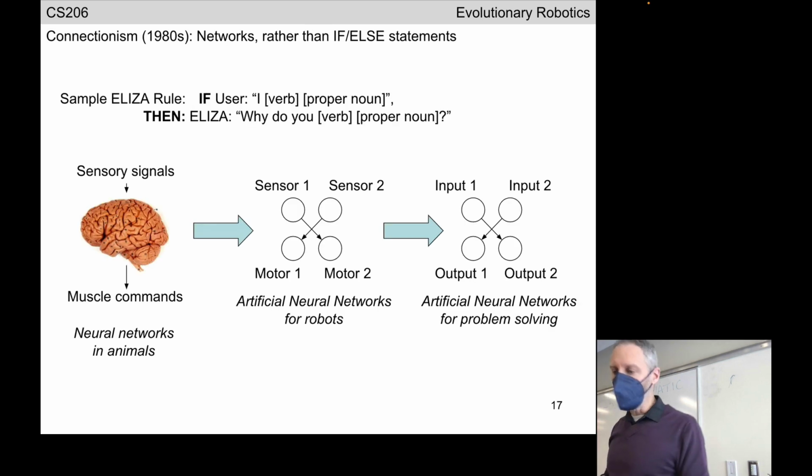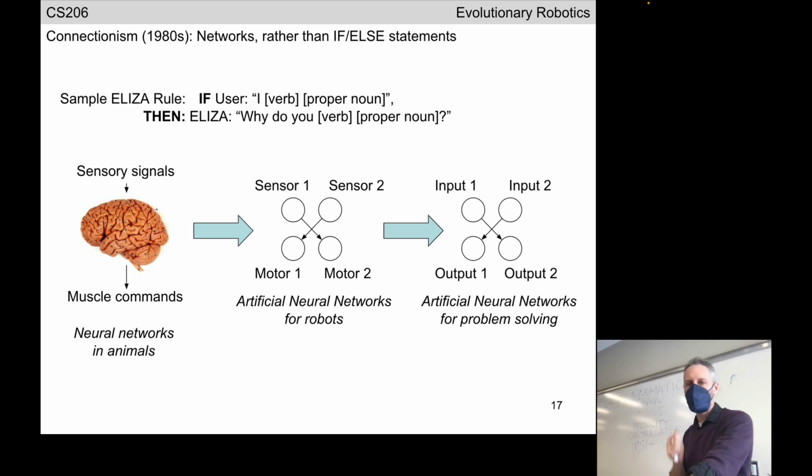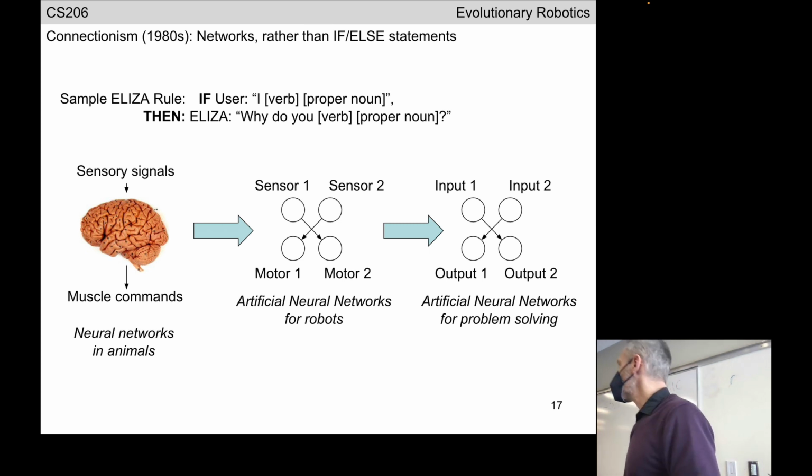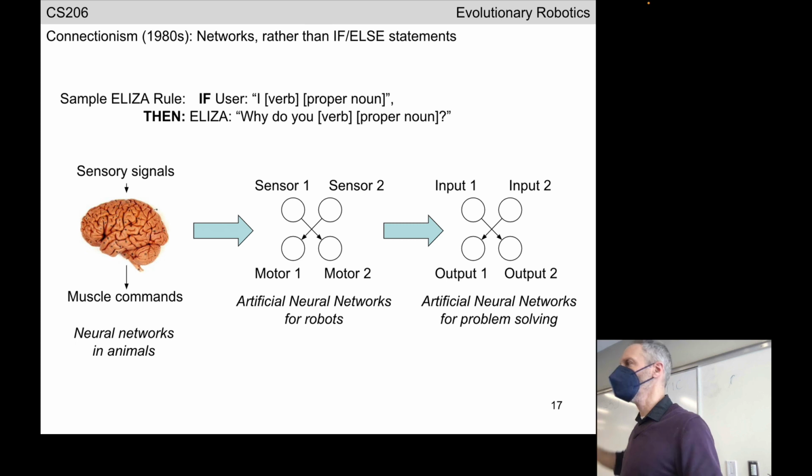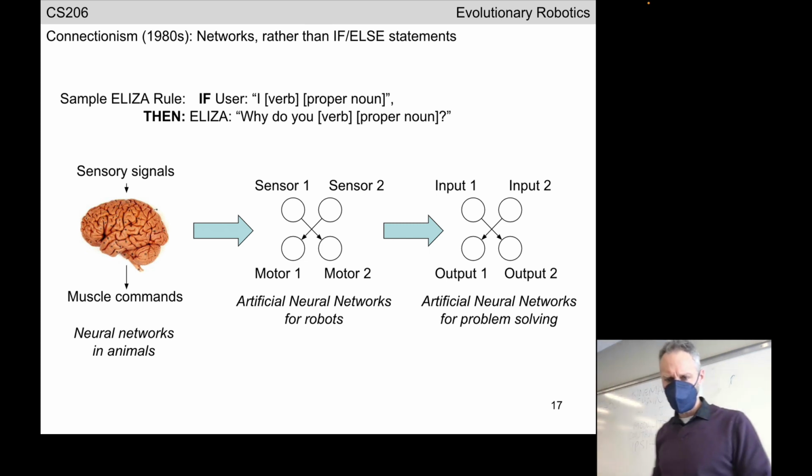Okay, let's keep going. A lot happened in the 1980s. Same time, there were a bunch of crazy scientists saying, hey, wait a second. Instead of making these big if-then-else statements like we saw before, why don't we actually try and simulate the brain? Not too differently from what Breitenberg was doing. Let's create a computer program, and inside that program, there'll be a whole bunch of nodes that represent biological neurons, and we'll program in a whole bunch of connections that connect these nodes together.